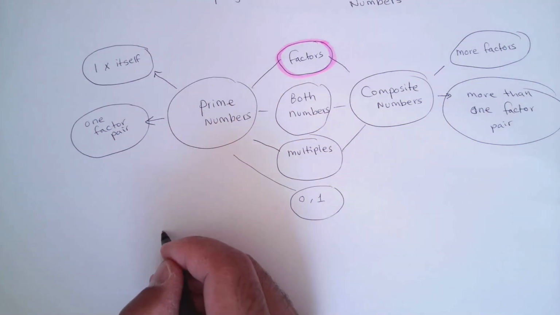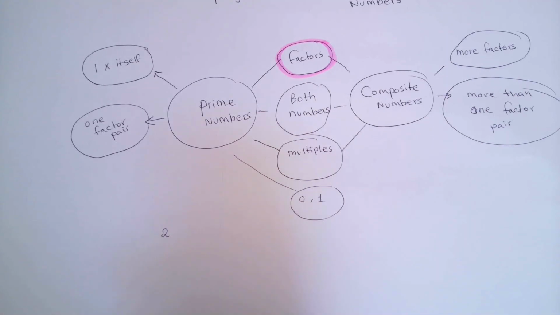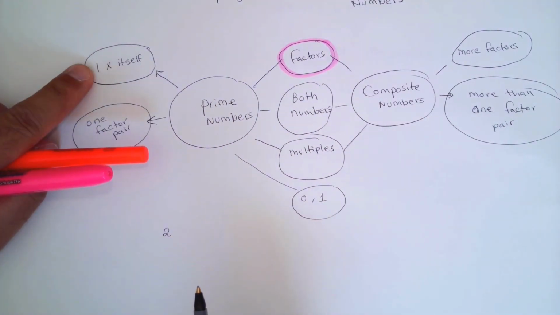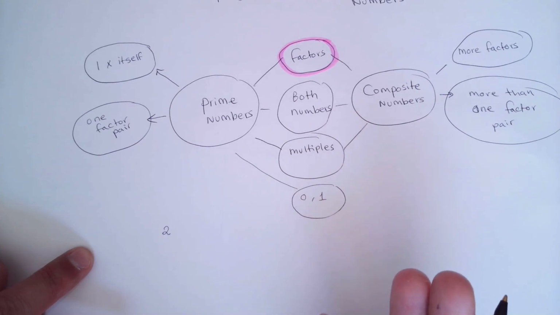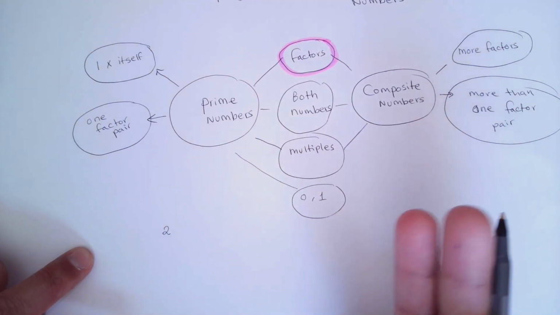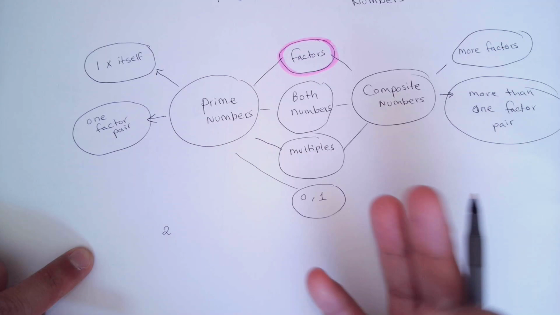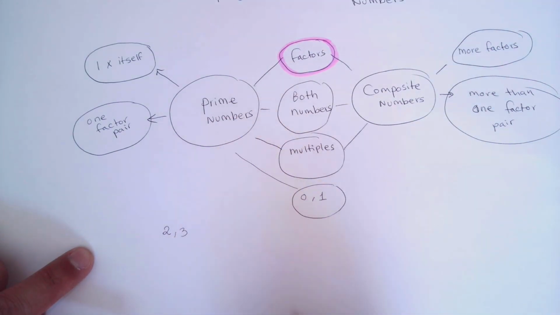All right, so let's start with the number 2. 2 can only come by 2 times itself. So it is a prime number. Okay, 2 is a prime number. How about 3? 3, you can get it only by 3 times 1. So it is a prime number.